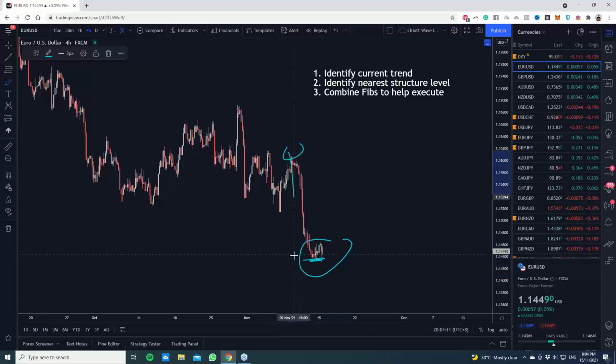So this was a down move. But before that down move, can you also identify there's this little push up, this move that came down, this move that went up, this move that came down? This is what we call waves. The market is never going to go in one single direction all the time.